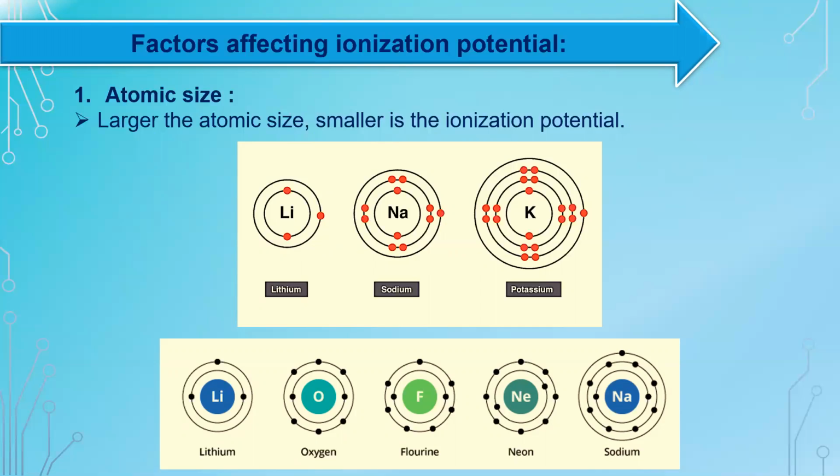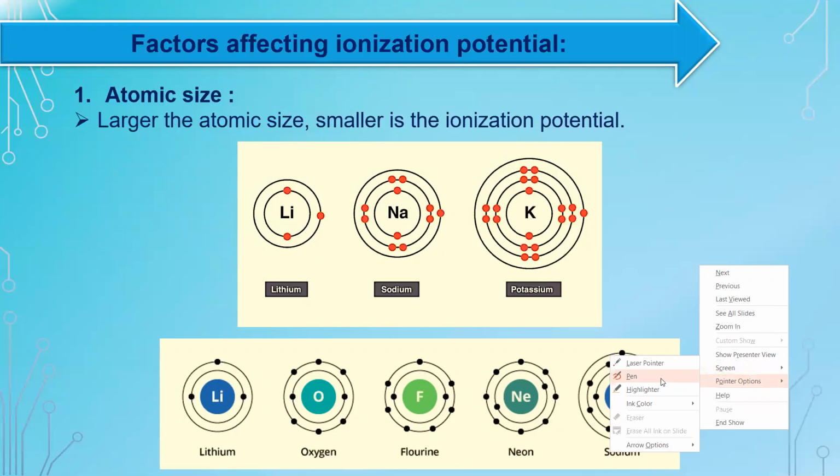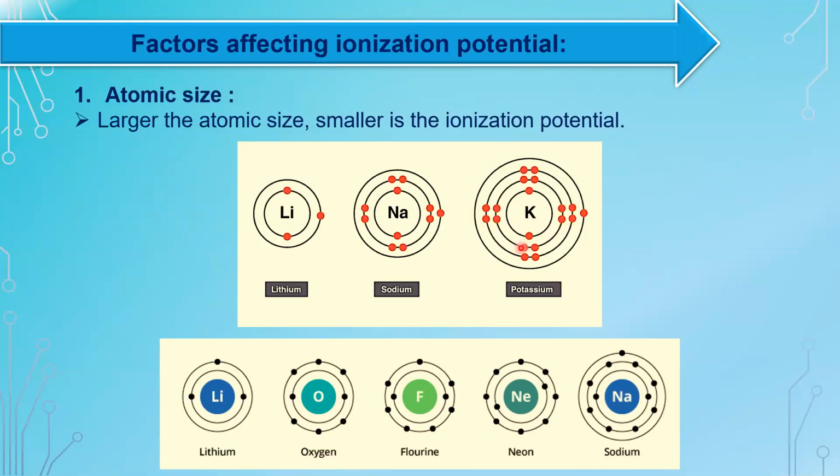But if you see the distance between the nucleus and the outermost shell, it is less, because the outermost shell is near to the nucleus of the atom. Whereas if we look at sodium, the atomic number is 11, hence it is 2, 8, 1. So in the first shell it has 2 electrons, in the second shell 8 electrons, and in the third shell 1 electron.